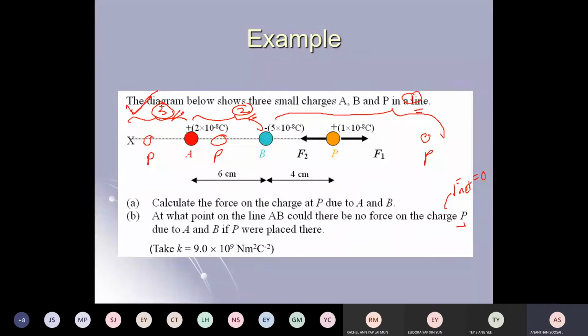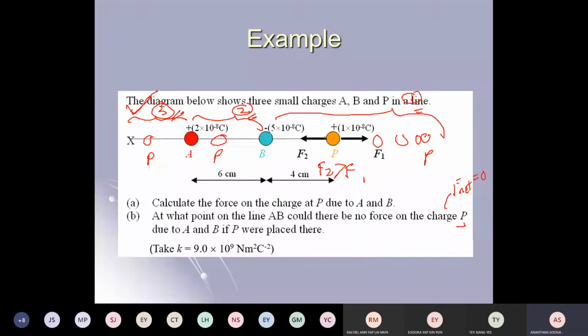So see, 3 is good. Why 3? It's very long-winded, but let's see why 1 and 2 can't work first. Why can 1 not? Because F2 is always going to be greater than F1 wherever you place the P in region 1. Why?